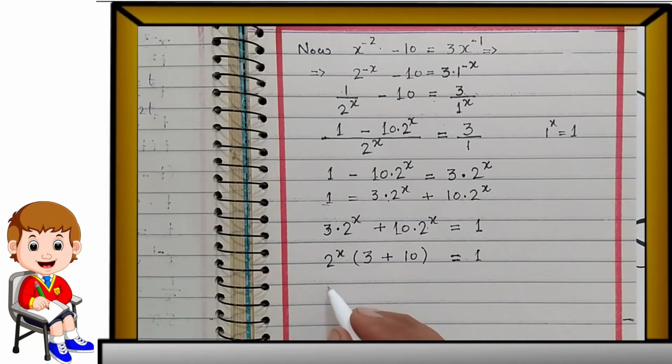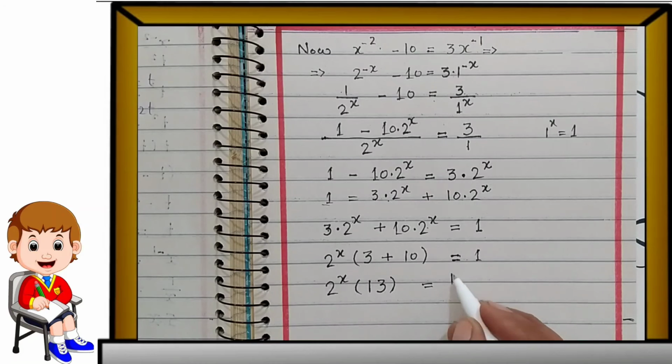Now add 3 and 10, so 2 raised to x into 13 is equal to 1. Now 13 is multiplying on the left, it will divide on the right, so 2 raised to x is equal to 1 over 13.